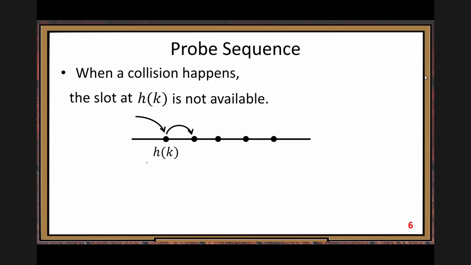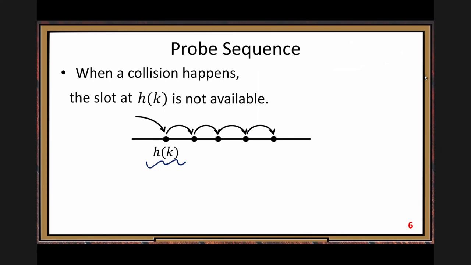So the first h function, but you need a second auxiliary function to tell you where to go. Here, you just look at the next one, that's the simplest strategy. But usually this method is not very good.